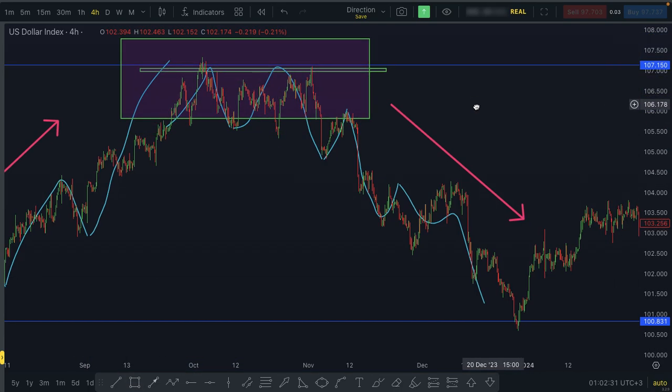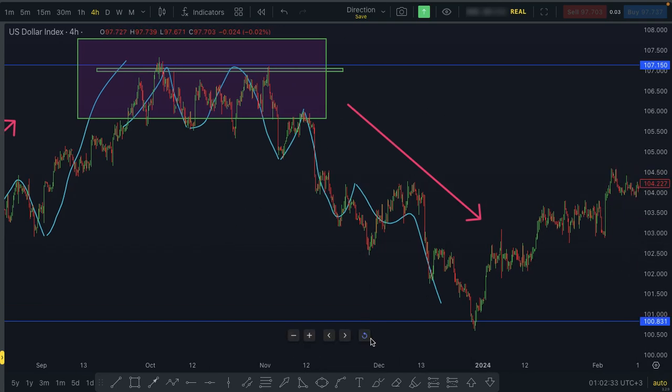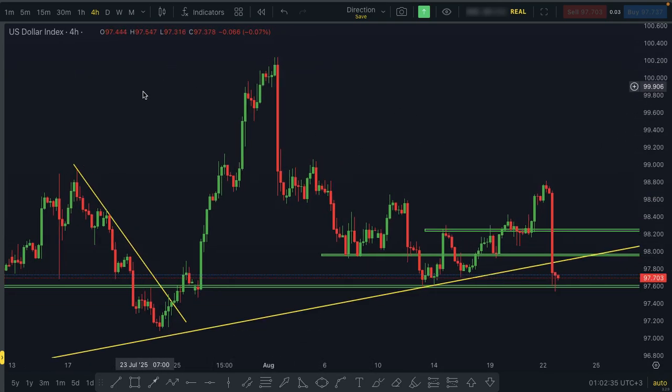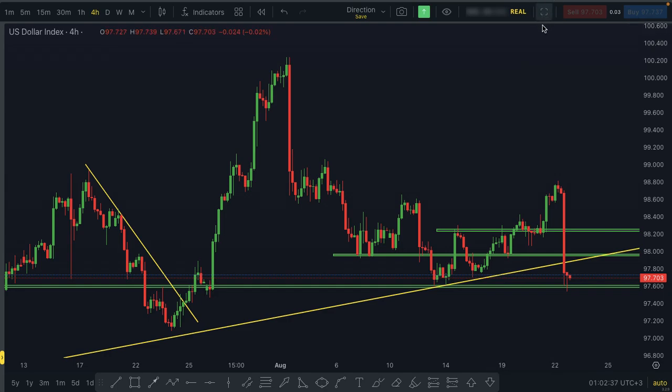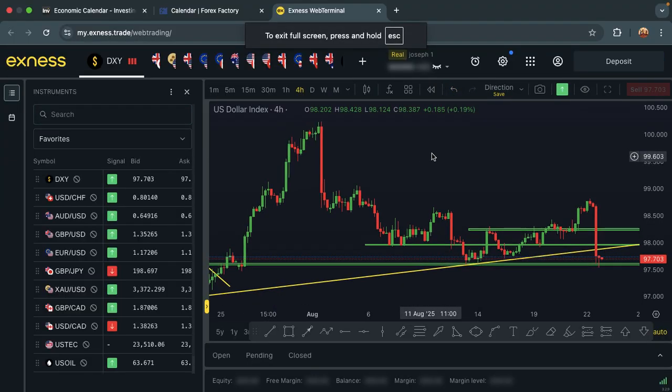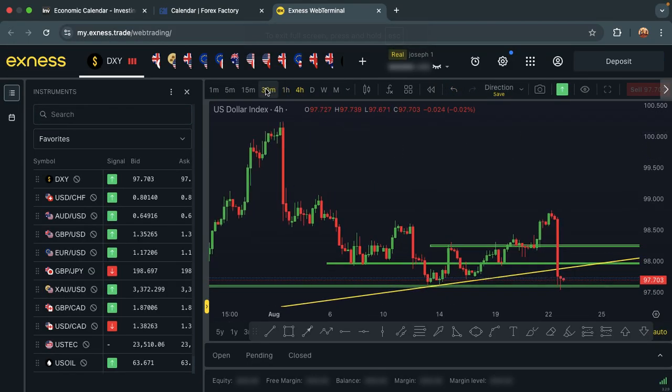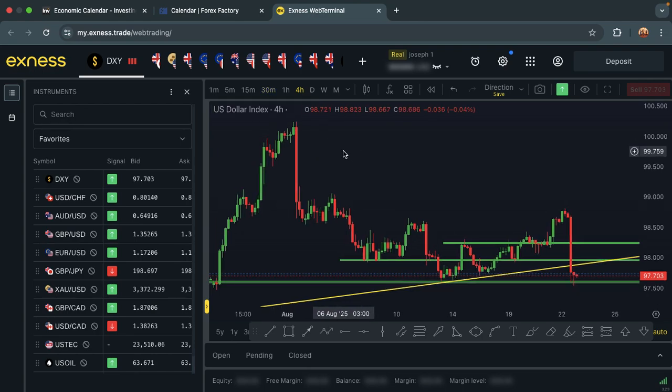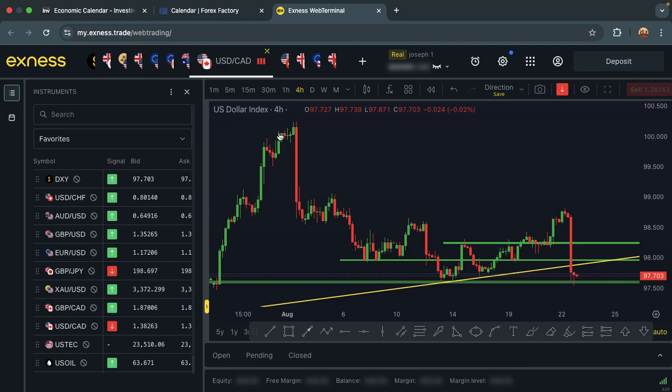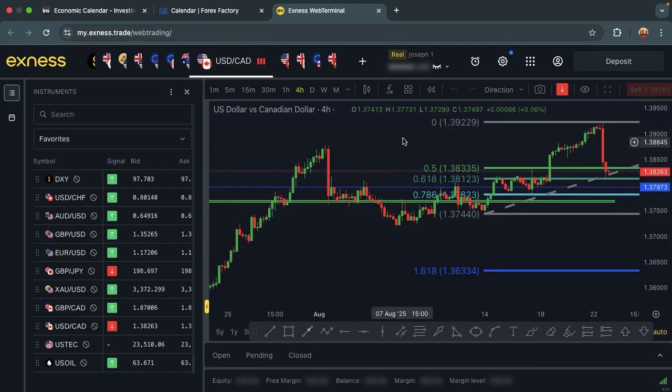Try to backtest more on those, and it will be easy for you to understand. You can watch the video as many times as you want to get a clear insight of how you can trade using market structure.